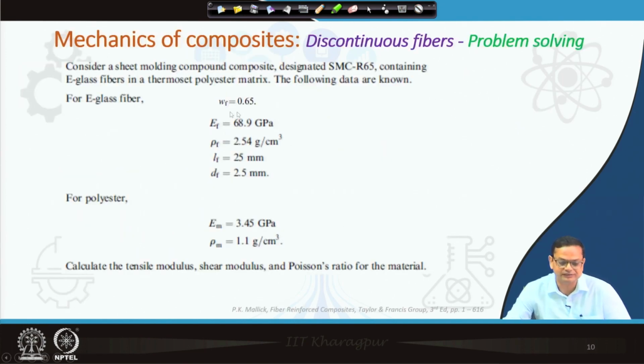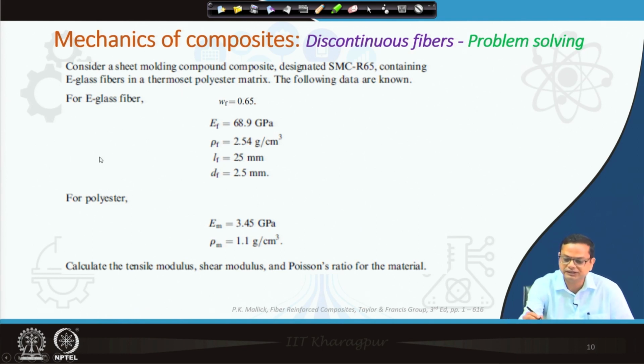So, you can see here what the problem says is: consider a sheet molding compound composite, some name has been designated, containing E glass fiber in a thermoset polyester matrix.